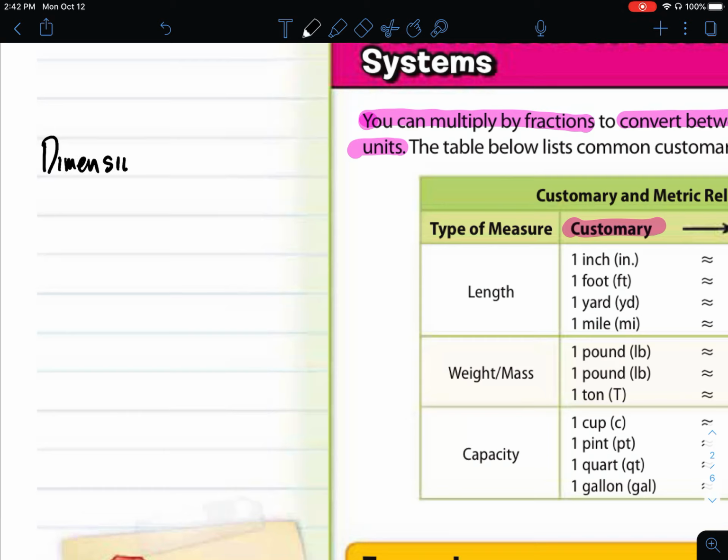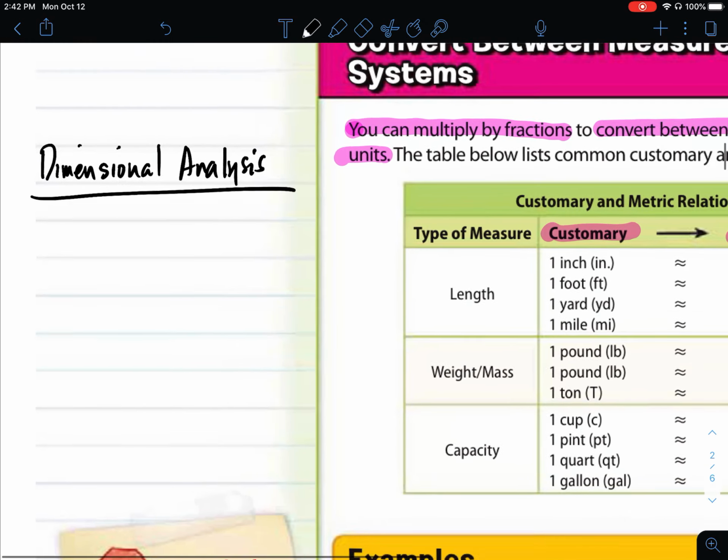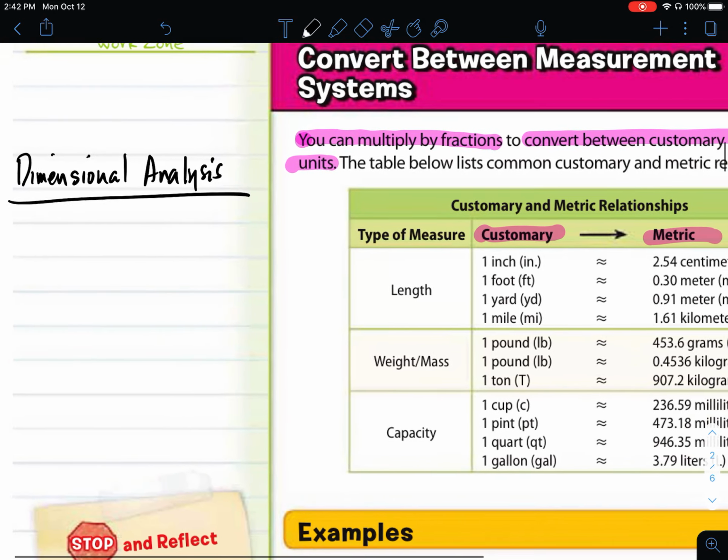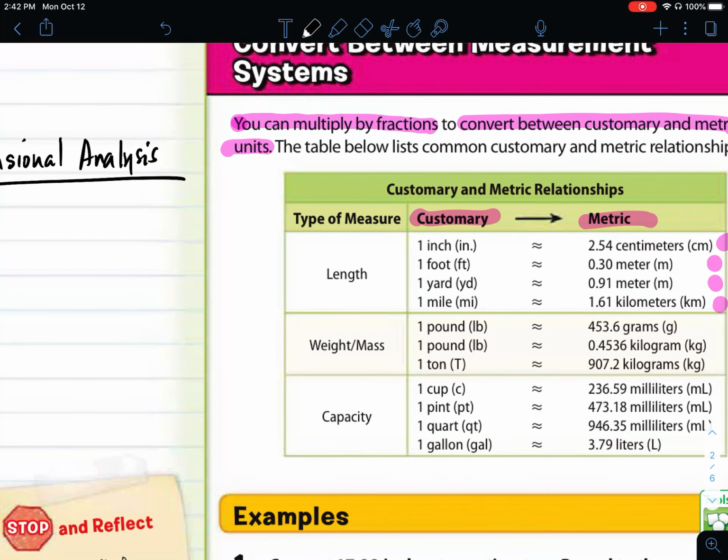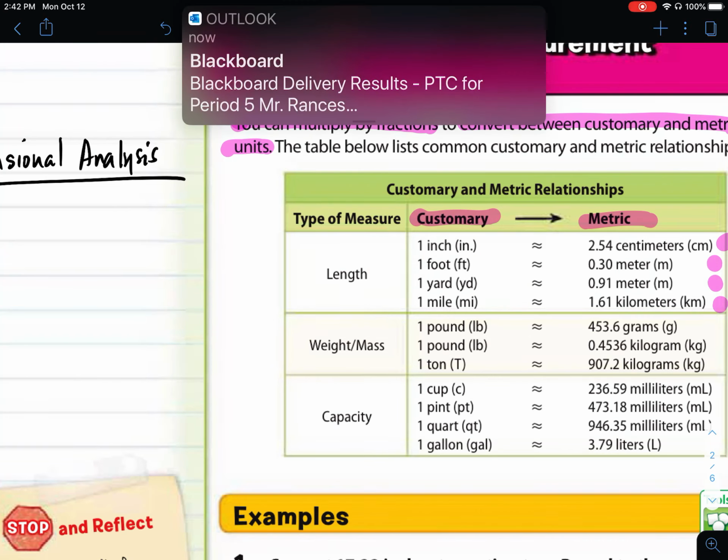So this is how we convert customary and metric relationships. Let's take a look at this first one and see how this works in terms of dimensional analysis.